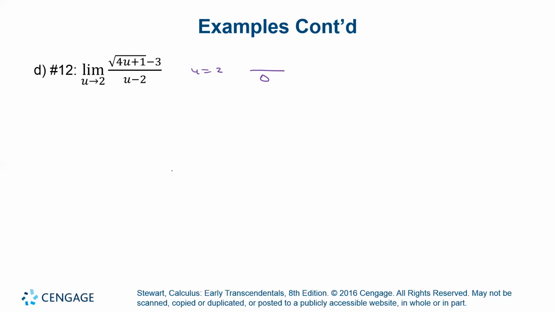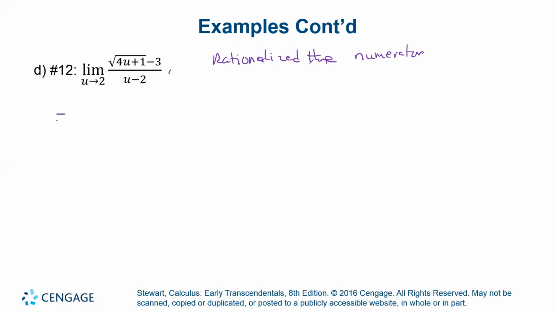So what we do here is rationalize. Since direct substitution is not possible immediately, we rationalize first. Rationalize the numerator. Notice that if you have a radical, don't only rationalize the denominator all the time. Sometimes you rationalize the numerator as well.